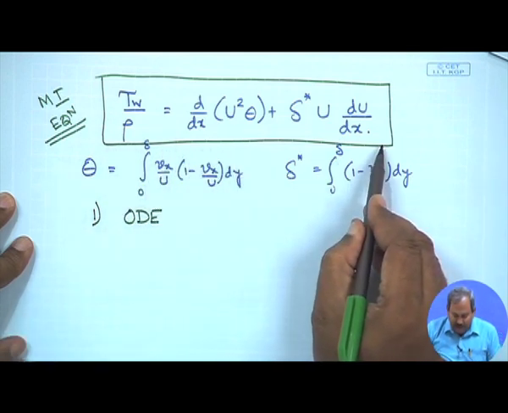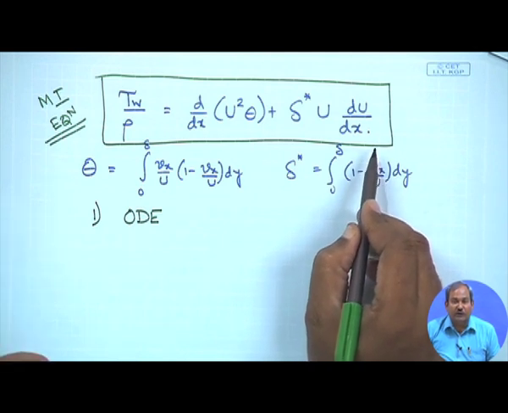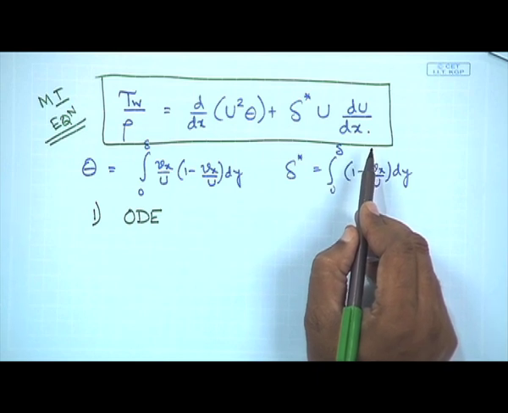Unlike the analytic approach we have seen before, this equation gives rise to an ordinary differential equation and not a partial differential equation, which is a huge improvement over our previous approach.